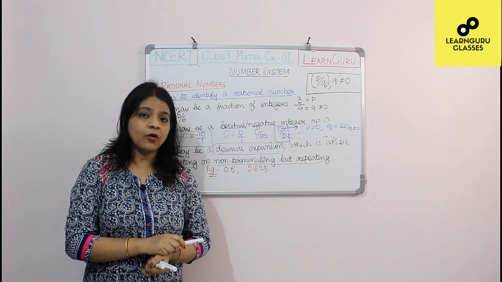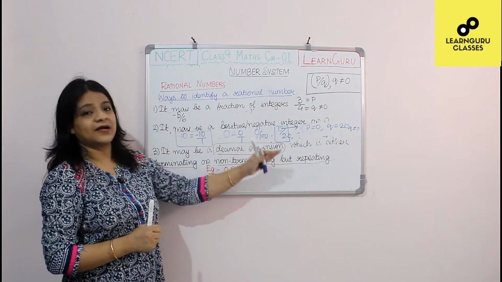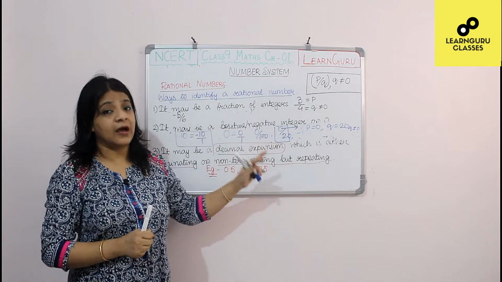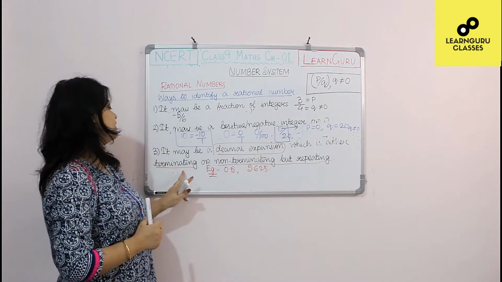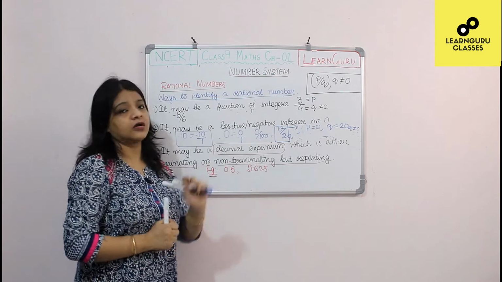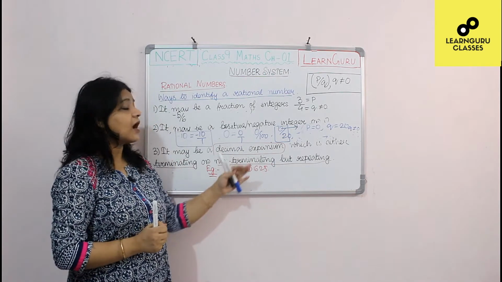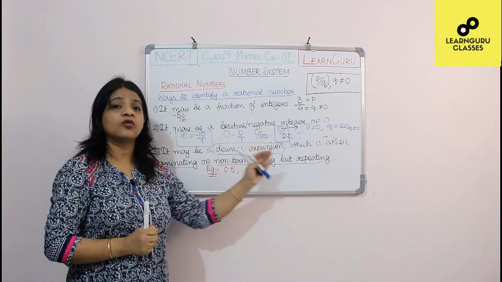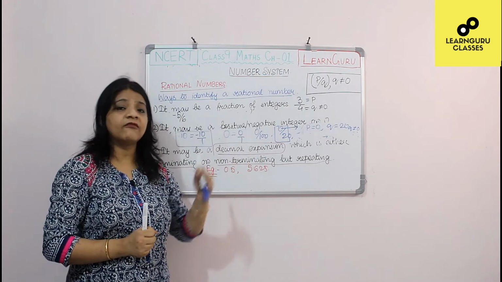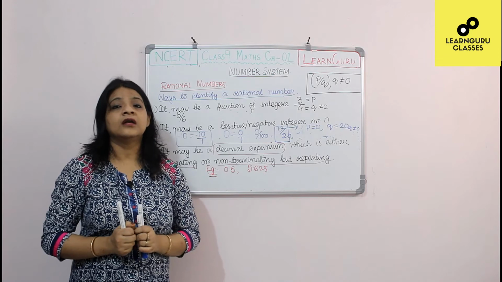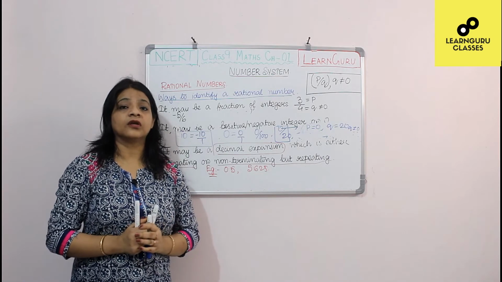Are you getting my point? So, decimal expansions are also rational number provided it is terminating or non-terminating but repeating. Okay, so what are those terms, terminating, non-terminating, and how can a fraction be converted into decimal expansion? We are going to see now.